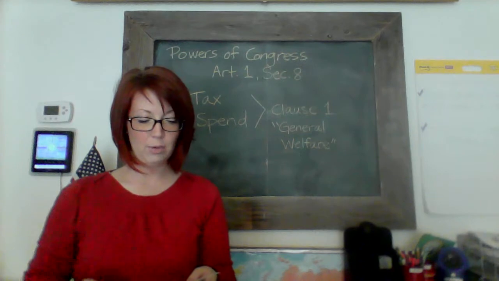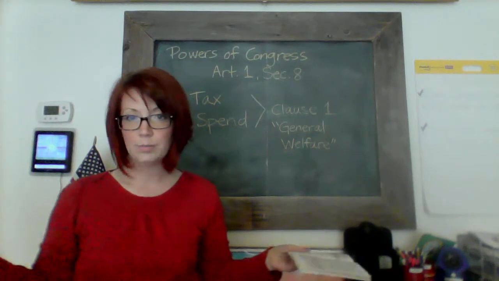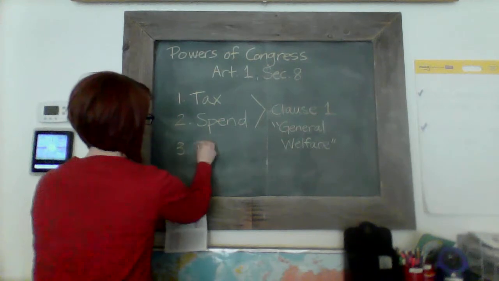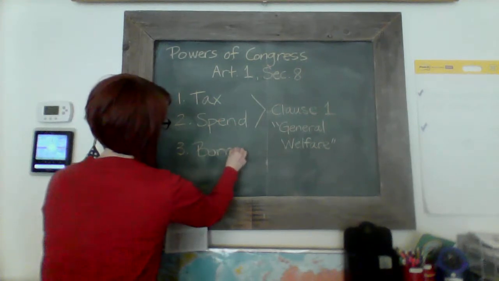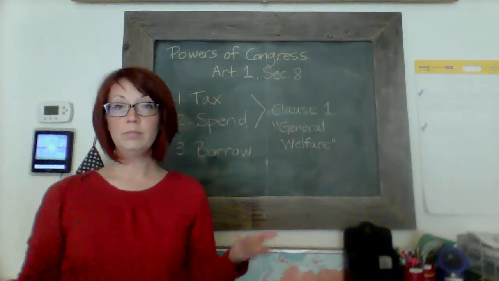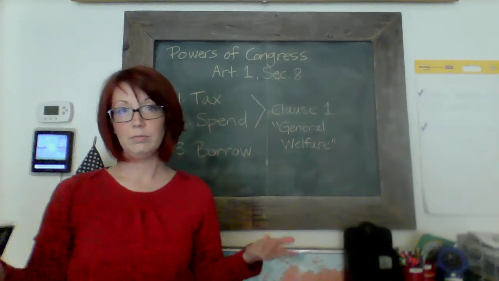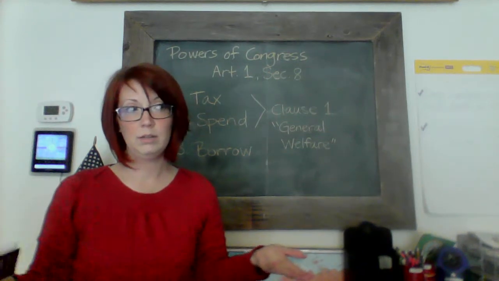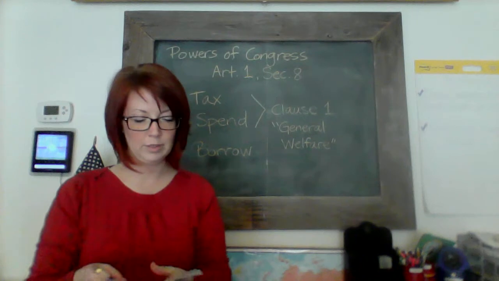Clause 2, to borrow money on the credit of the United States. Borrow money. Easy. Okay? And who do they borrow money from? Other governments, typically. Where else are they going to get the amount of money they need to borrow? From other governments. Okay.